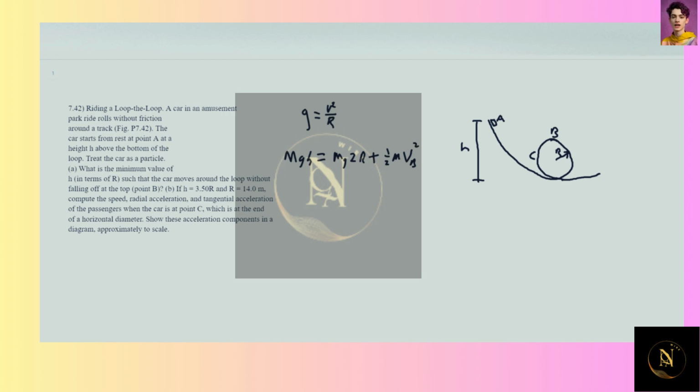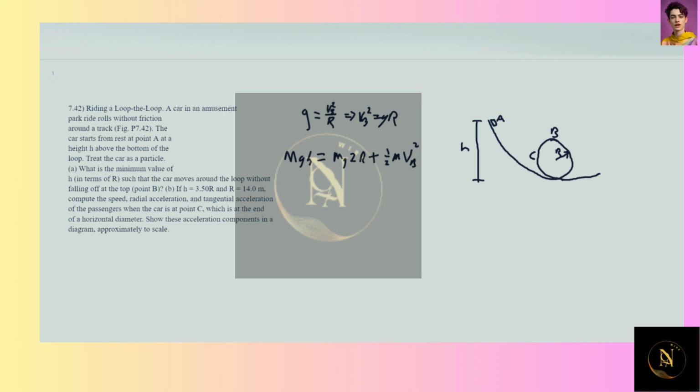The velocity is different at different points in the circle, so I have to specify that the velocity here at B is at a specific point. And we note that at point B, v_B squared is equal to gR.